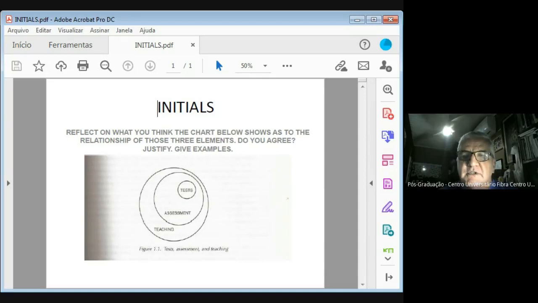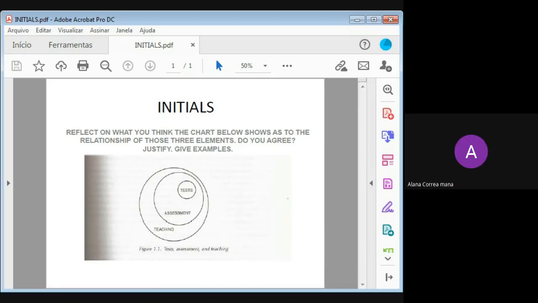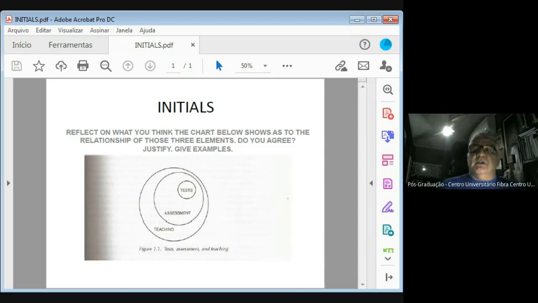In other words, what is another word you can use for test? Exams. No, I'm not asking for a synonym. I just mentioned it a little bit before. Evaluation. Correct. Fine.